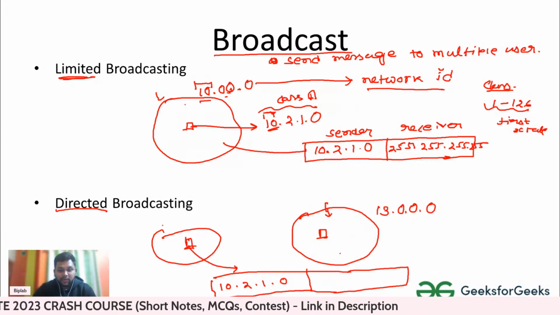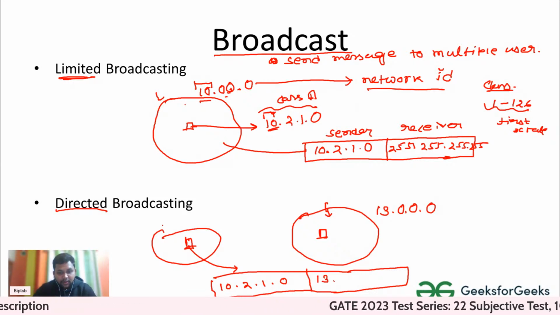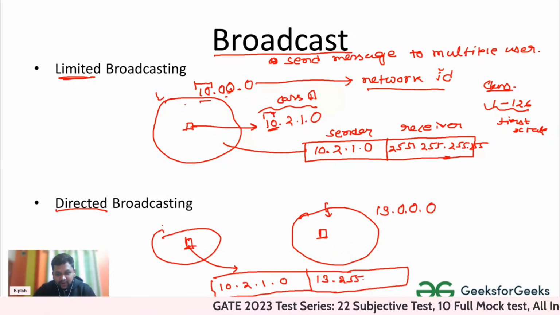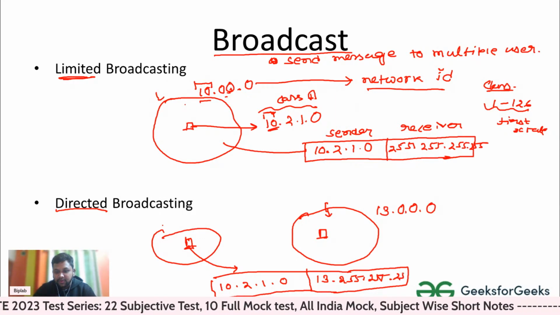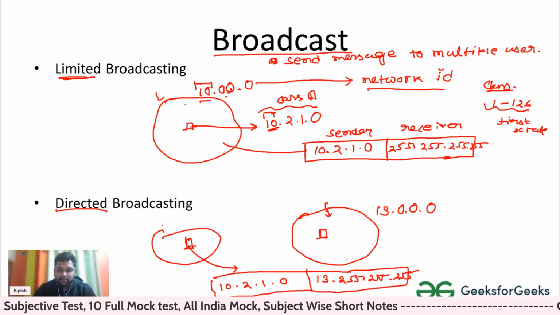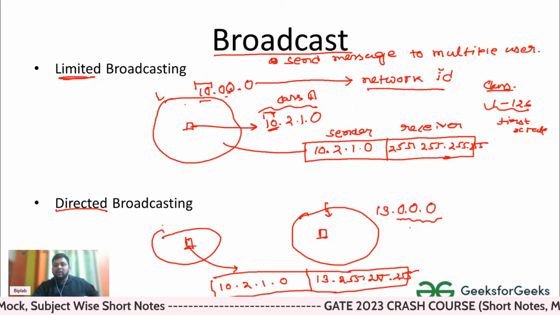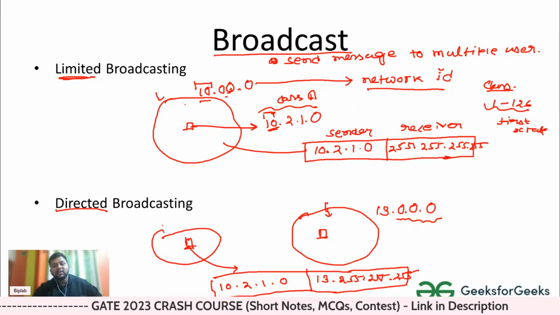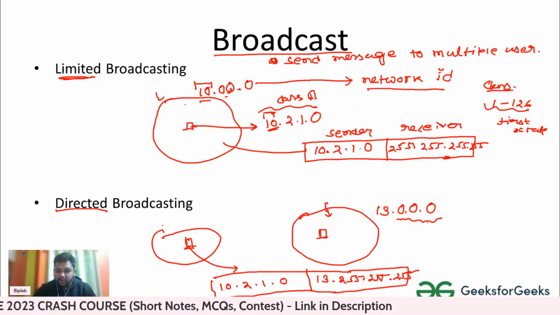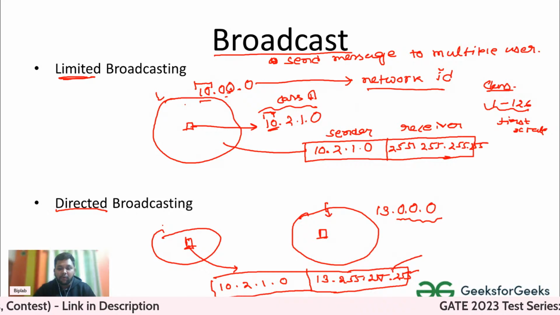So in that case, you have to put the broadcast ID of this network, which will be 13.255.255.255. Why? Because this is a class A IP address, so all other bits in the host part will be 1 when you represent this broadcast ID. For network ID, you have all zeros. For the broadcast ID of a network, you have all ones.